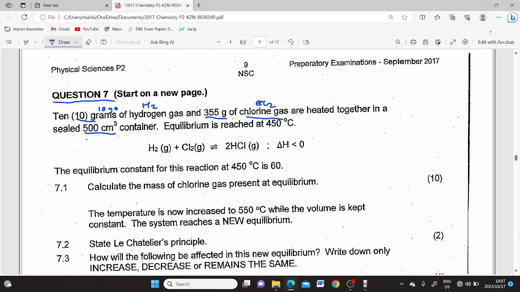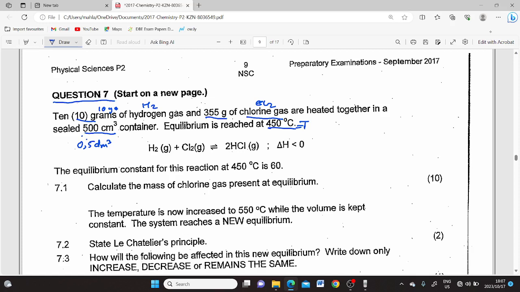If we divide this by 1000, we'll have 0.5 decimeter cube. Equilibrium is reached at 450 degrees Celsius. So take care of the temperature, because if it changes, it will of course affect the equilibrium.